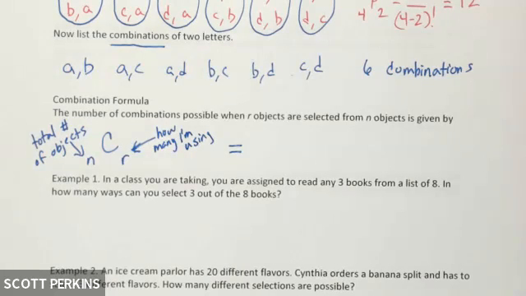I'm going to give you a second to get caught up, then I'm going to write out the combination formula. It's super similar. If you remember the permutation formula from last time, we're just going to add one thing to it. So it builds on what we talked about last time, and hopefully it makes it a little easier to remember.